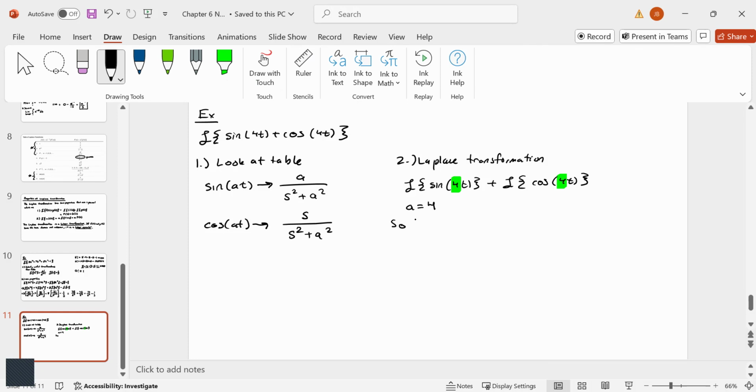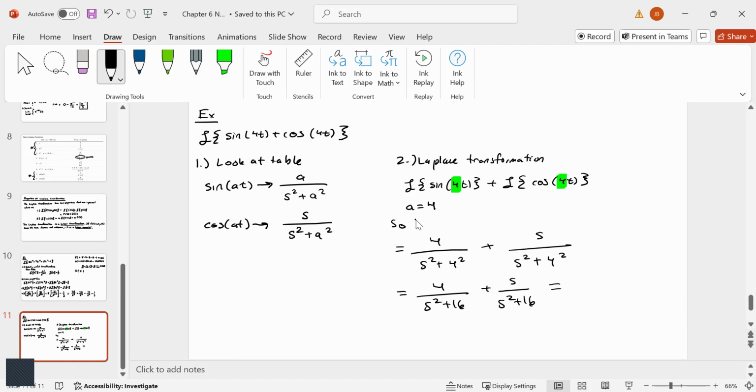So we get 4 over s squared plus 4 squared plus s over s squared plus 4 squared, which is equal to 4 over s squared plus 16 plus s over s squared plus 16.